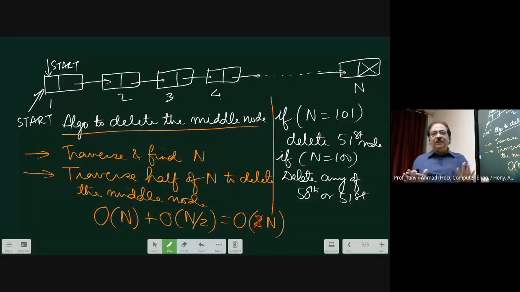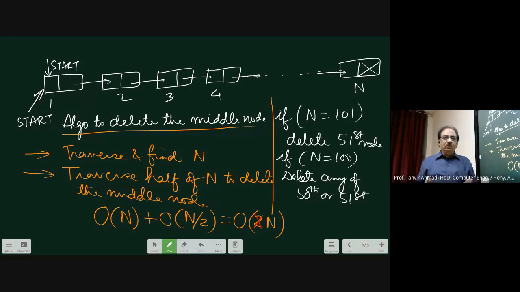This is a very, very typical technique to solve many problems, and that is the concept of the slow and the fast pointer. The slow pointer is the pointer which moves only one at a time. The fast pointer is a pointer which moves two at a time.